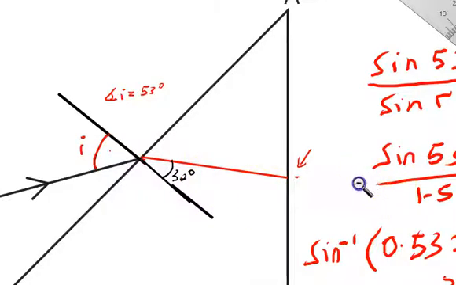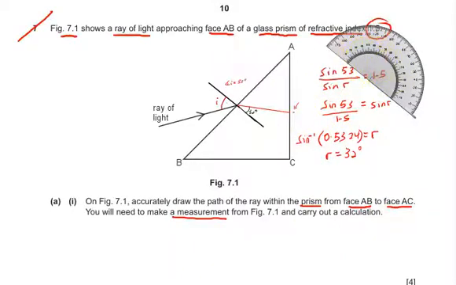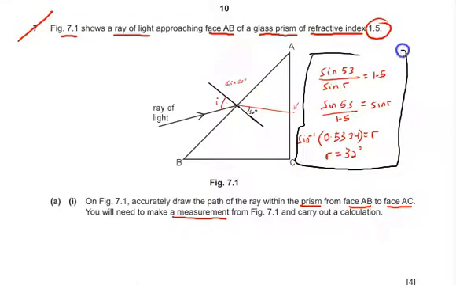Okay, so this is the calculation, guys. You have to show this calculation, and it all depends on the angle you are getting. Since I'm using an electronic compass, it might not be as accurate compared to doing it on a piece of paper.